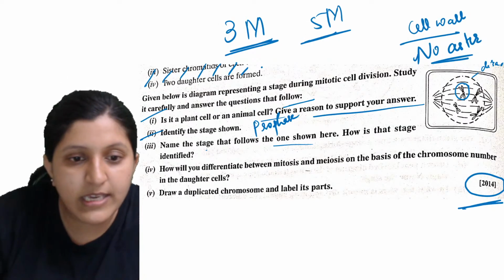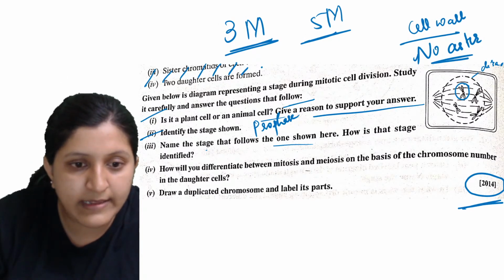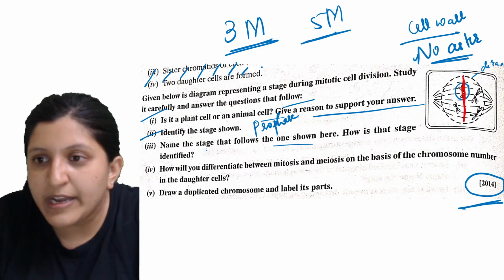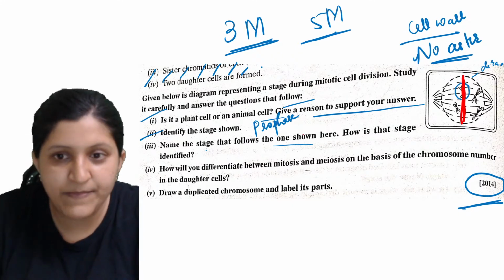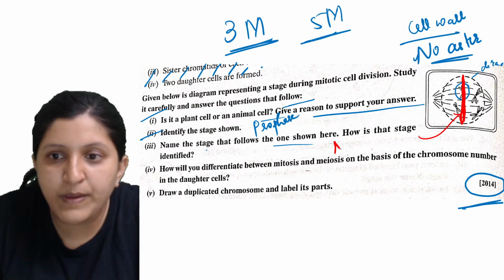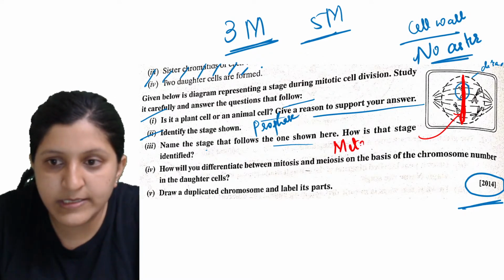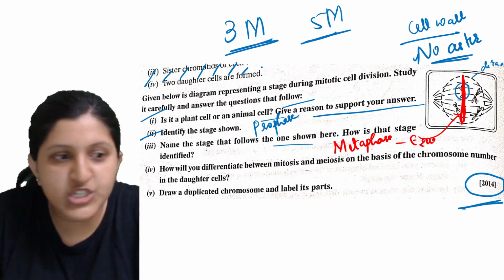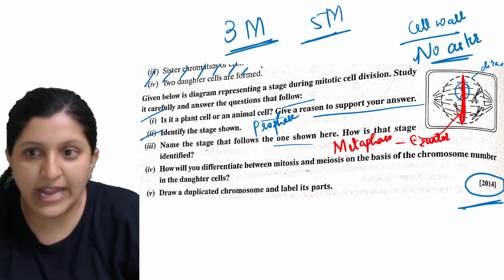You can see here, I'll just highlight that. Now all the chromosomes will get arranged here, at the equator region. So the next stage would be metaphase, and all of them are getting arranged at the equator.